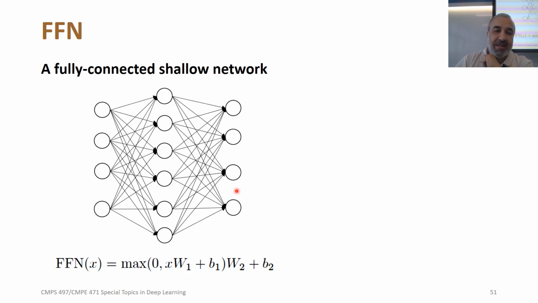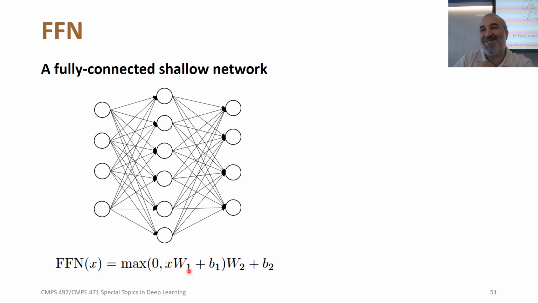I think you can understand this now. What is this? Let's say that the input is X. It's multiplied by W1. What is W1? It's this part of the figure, W1 and B1. What is B1? Biases for the hidden layer. And what is this max 0?